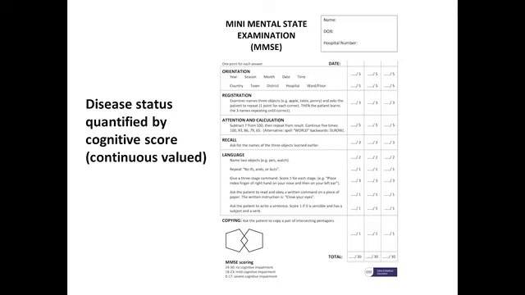One example of such a score is shown here. It's called the Mini Mental State Examination, summarized by the acronym MMSE. It's going to look as follows. For each of a number of different cognitive questions, a test is going to be performed, which, for example, in the middle, where it says registration, the examiner might name 3 objects like apple, table, penny, and then ask the patient to repeat those 3 objects.